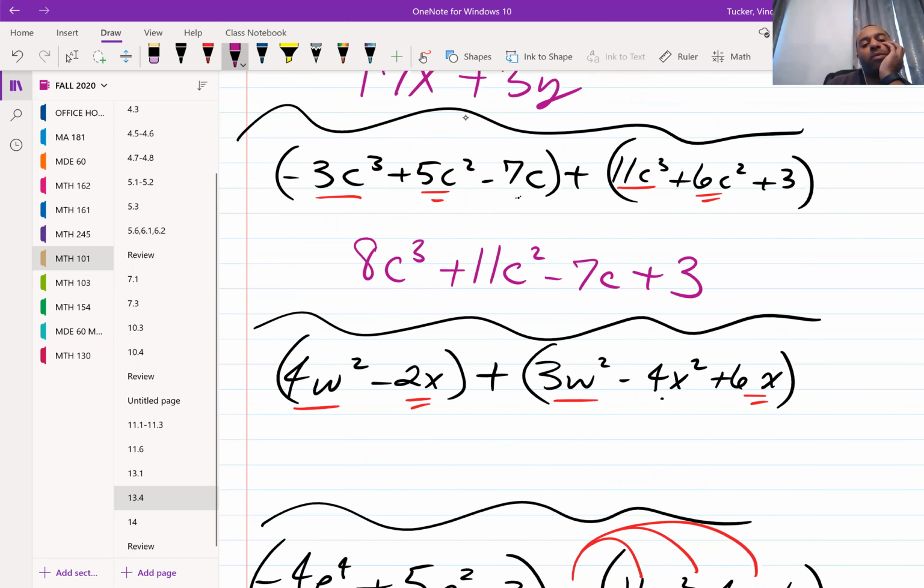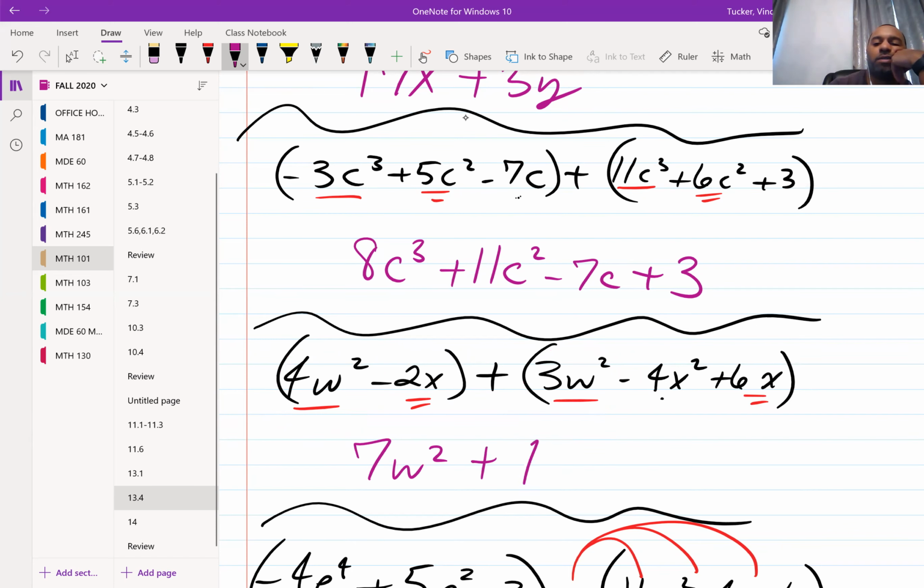All right, 4w squared minus 2x plus 3w squared minus 4x squared plus 6x. So we see 4w squared and 3w squared. That's going to be 7w squared. Then we have negative 2x and 6x.